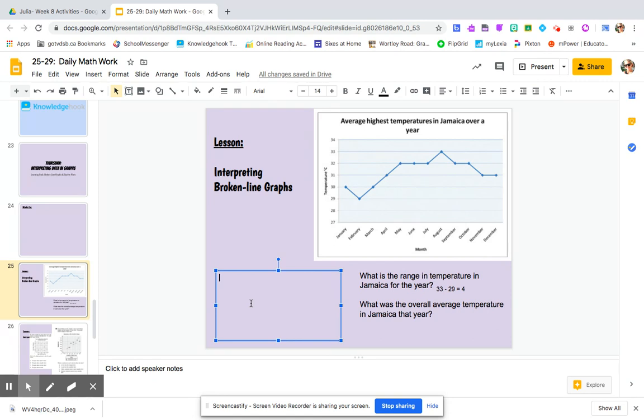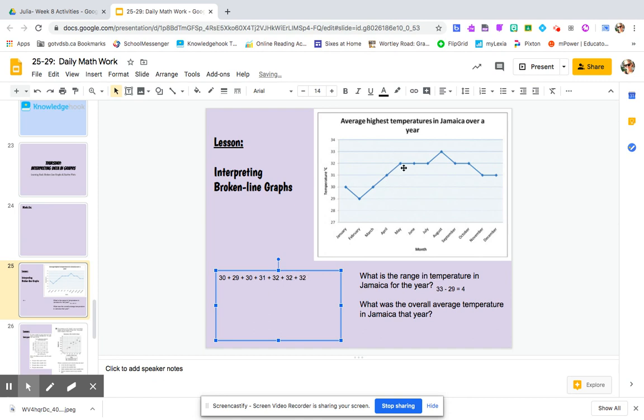So we are going to add 30 plus 29 plus 30 plus 31 plus 32, and it stays there for a couple more, so plus 32 plus 32.